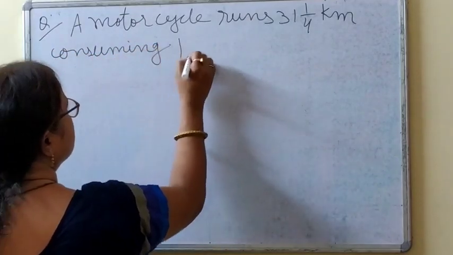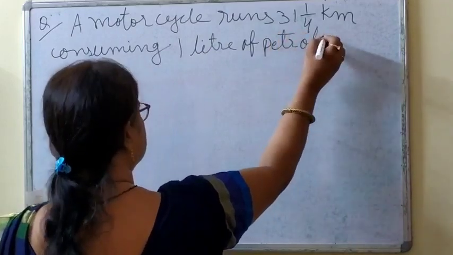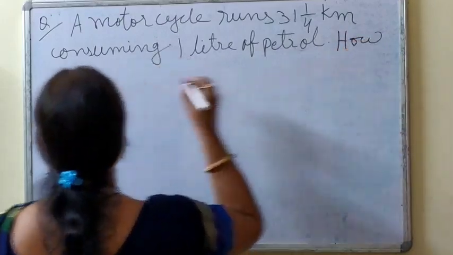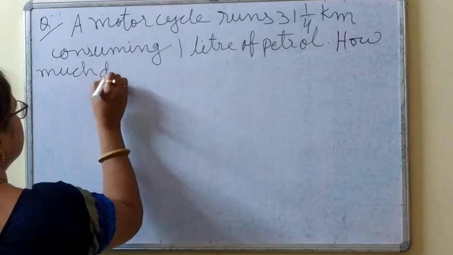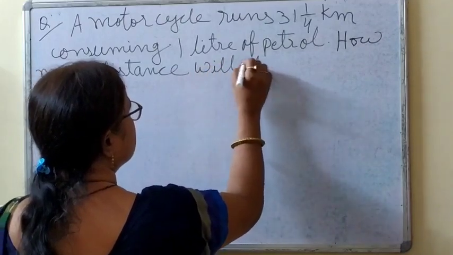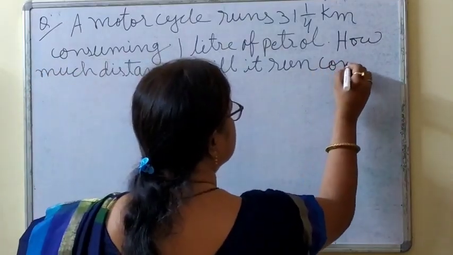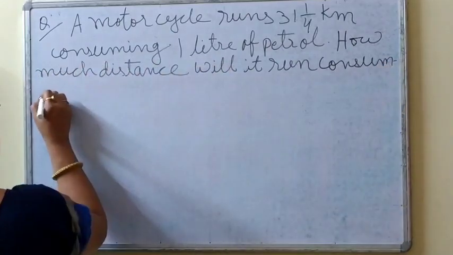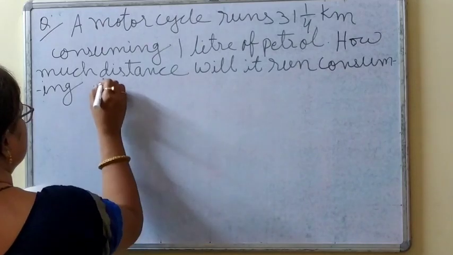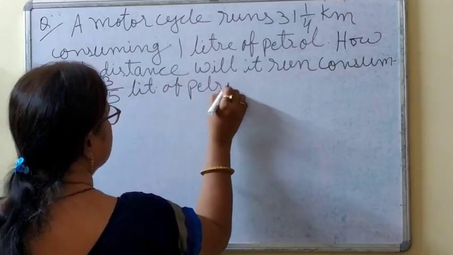How much distance will it run, consuming 1 3/5 liter of petrol?